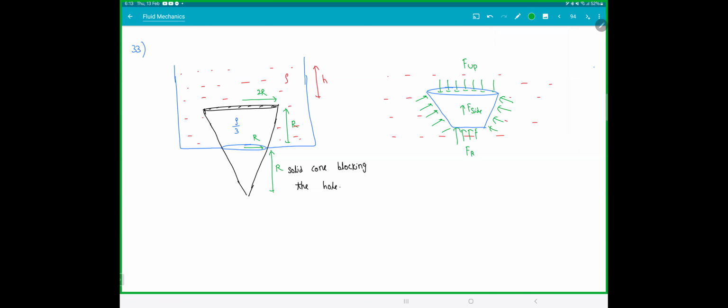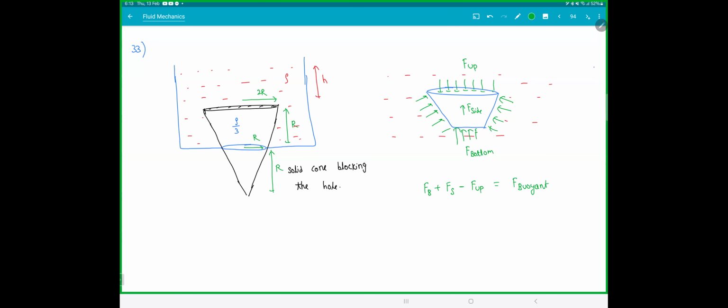And this is the force due to the bottom. So force due to the bottom plus force due to the side walls minus force due to the upper part, this entire resultant is nothing but the buoyant force. Do you agree? Do you guys agree with this statement? Isn't that how we define buoyant force?